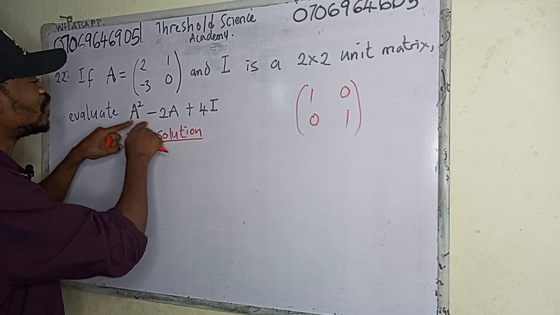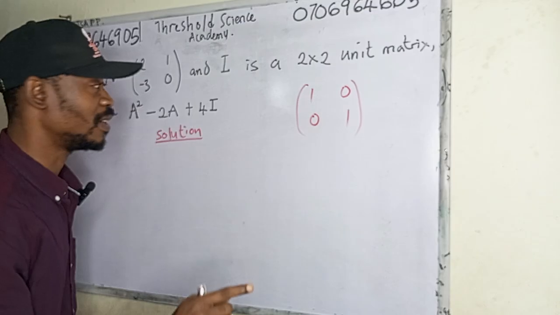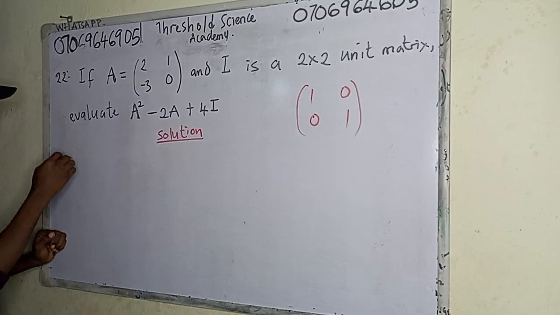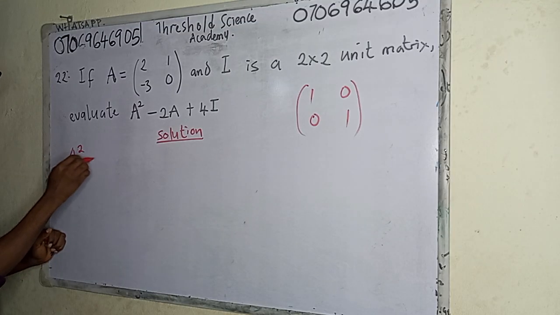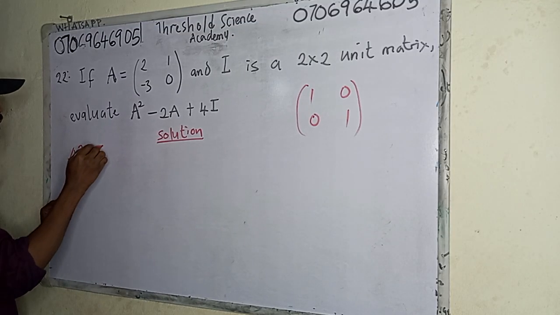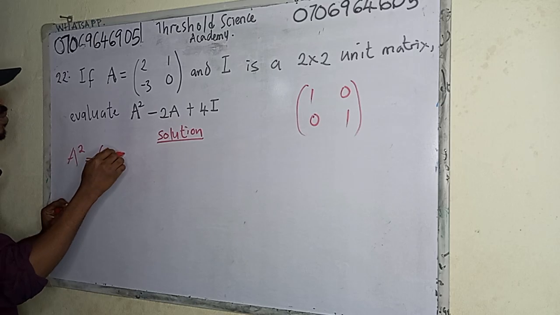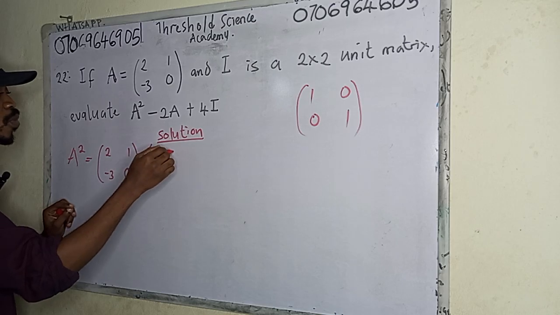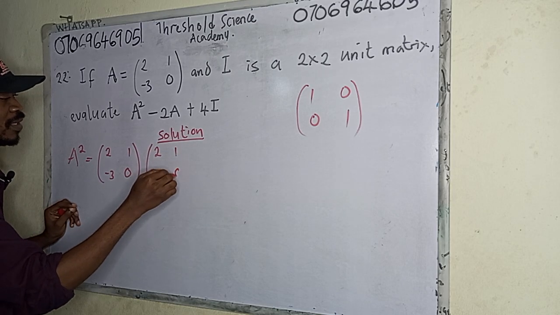We're going to be taking each of these terms one after the other before we perform the whole operation as a unit. So let's try with A squared. A squared means you are going to multiply A by itself. And what is matrix A? That's 2, 1, then minus 3, 0, multiplied by another 2, 1, then minus 3, 0.